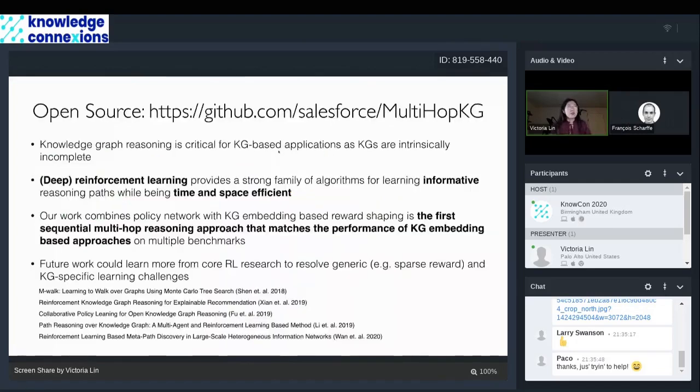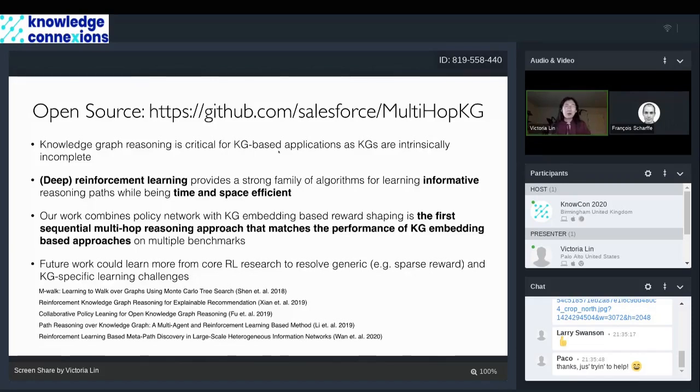To summarize today's talk, we introduced knowledge graph reasoning techniques because knowledge graph reasoning is critical for knowledge graph-based applications. Since knowledge graphs are intrinsically incomplete, we always need to use inference to generate new facts that are currently not stored in the knowledge base.